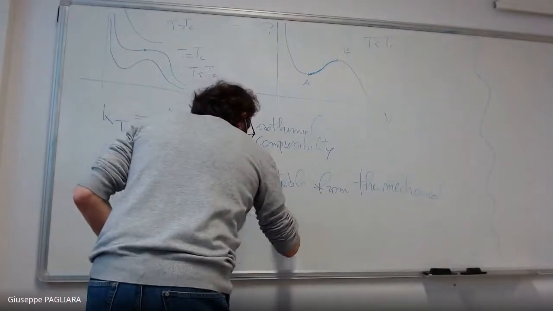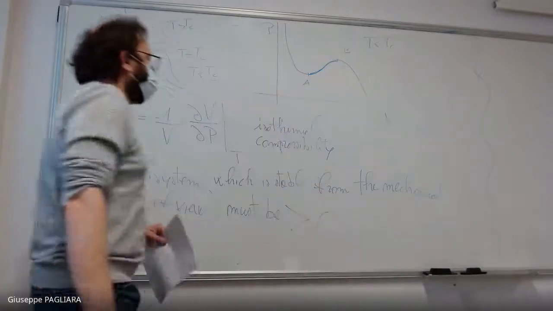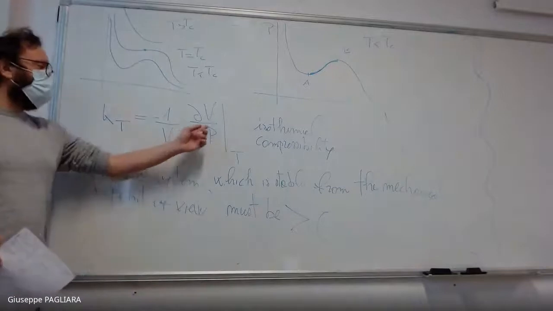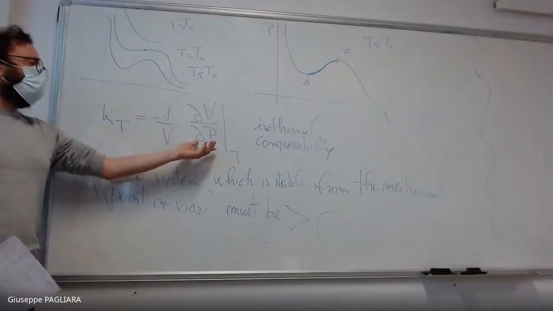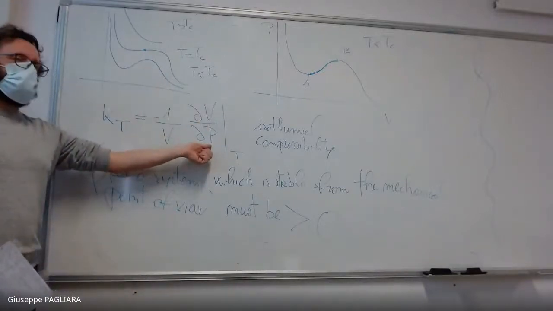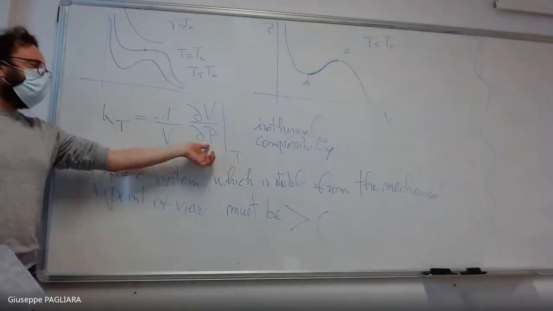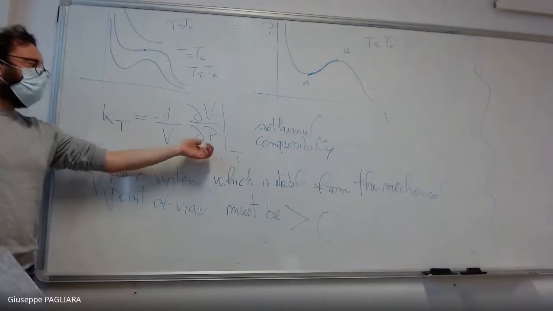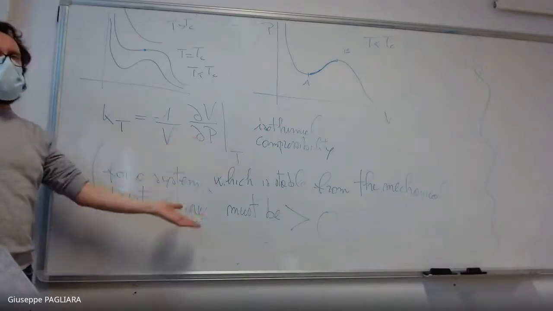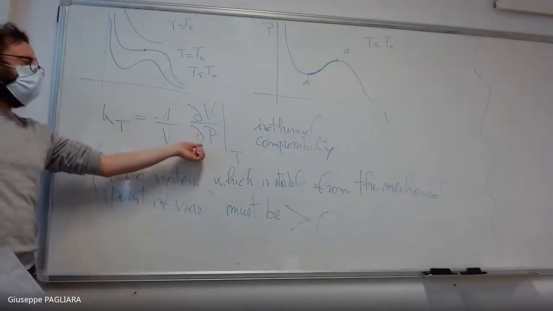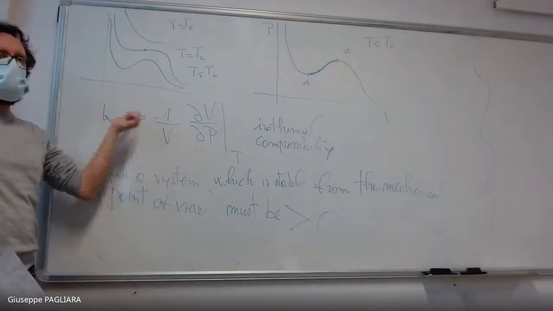It must be larger than 0, which means that if you increase the pressure of the gas, if you compress the gas, so if you reduce the volume, the pressure must increase. So then this derivative is negative, and with a minus here, this is positive.